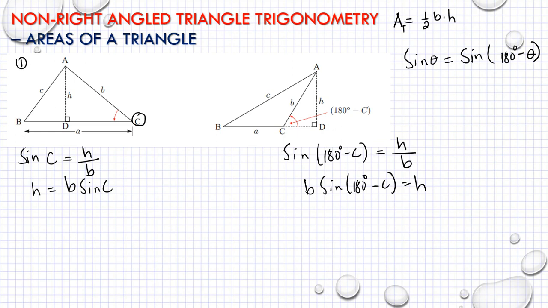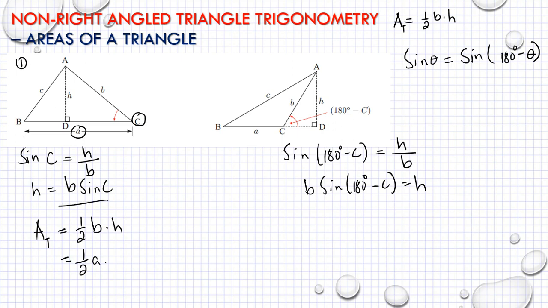So if we now use what we have found, the area of a triangle is equal to 1/2 base times height, and we have 1/2 multiplied by our base, which is A, multiplied by the height.